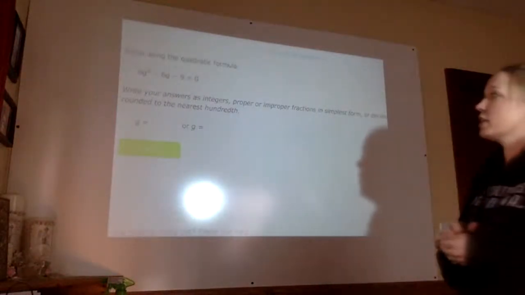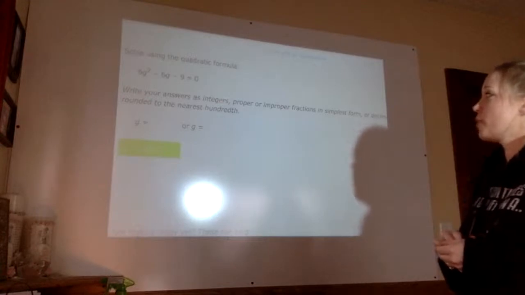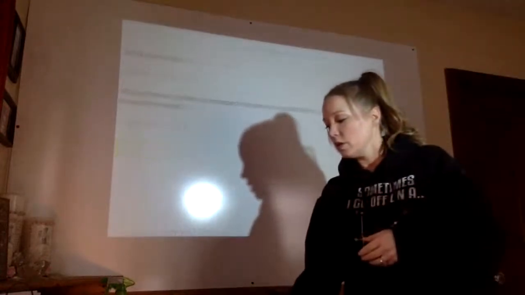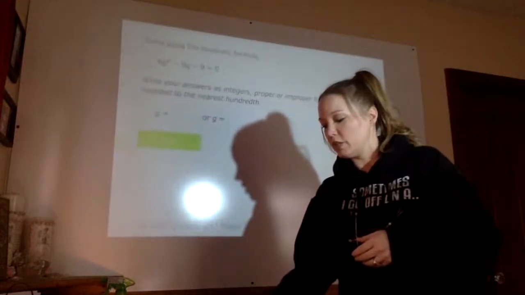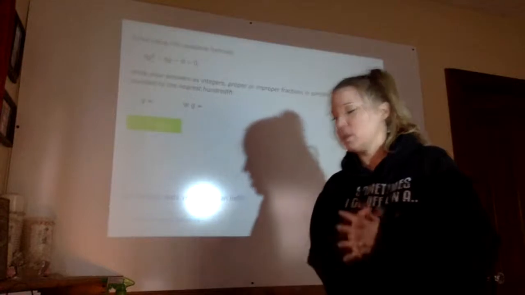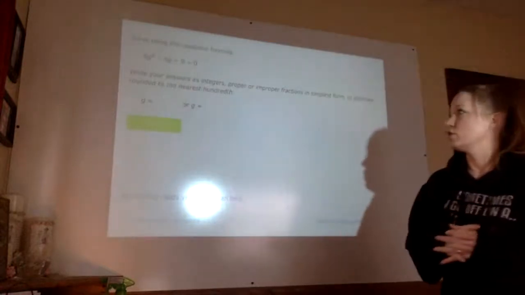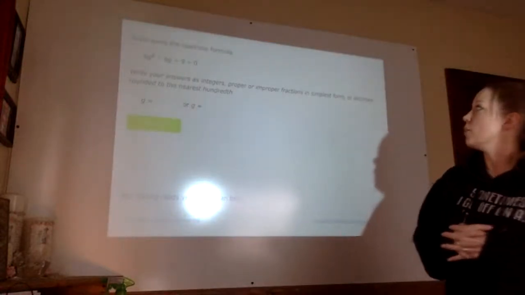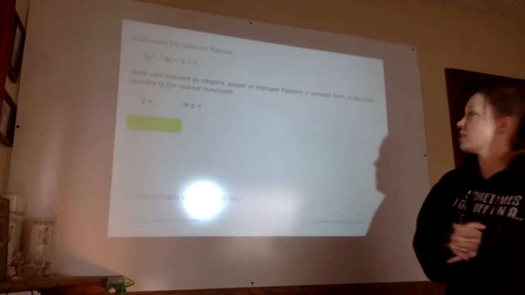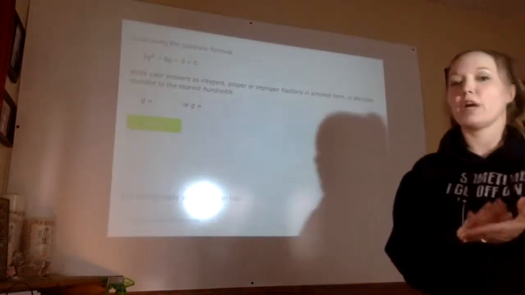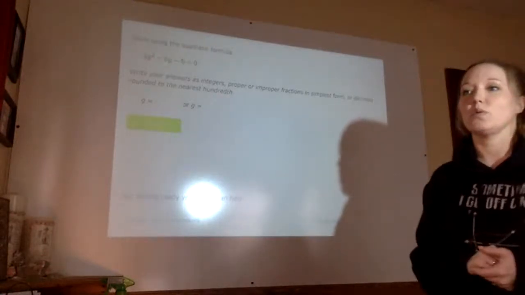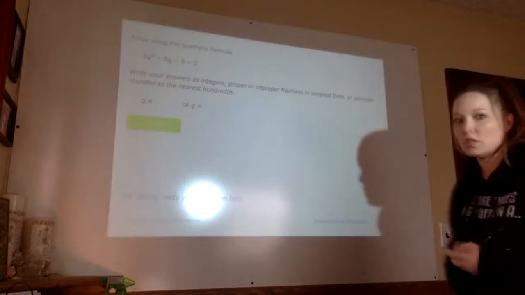Then it says write your answers as integers, proper or improper fractions in simplest form, or decimals rounded to the nearest hundredth. So it will take any of those formats. I'll show you how to leave it as a radical, but then I'm going to change it to a decimal to put it in there because that's what they want. So I'll show you those things.